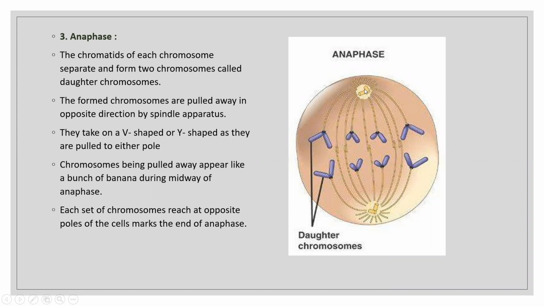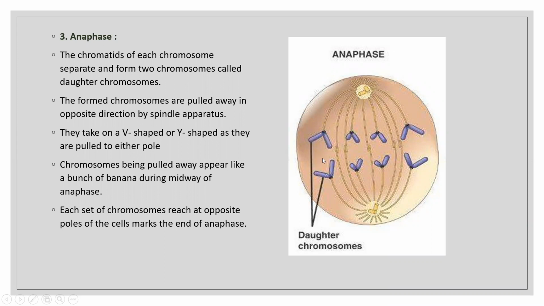Now, these spindle fibers, as I said, are made up of tubulin protein, and this tubulin has the tendency to extend and elongate, and because of extension and elongation, the daughter chromosomes are separated into two.